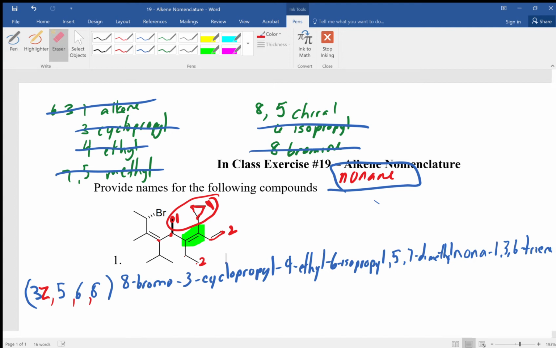Alright, let's erase that so we can do our next spot. Now let's look at the other alkene. On the left side we have a methyl here versus a carbon attached to a bunch of other stuff. So that's going to be higher priority over the methyl.